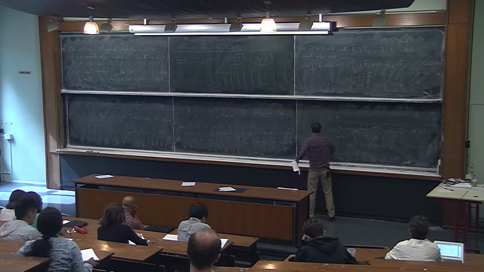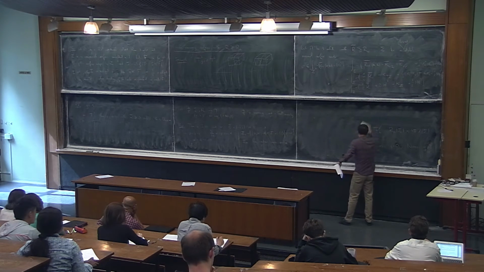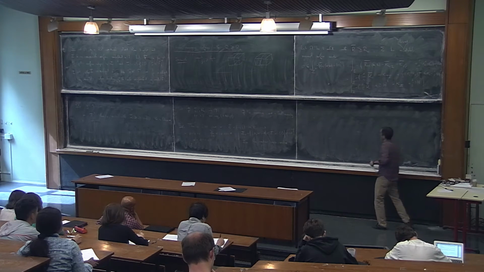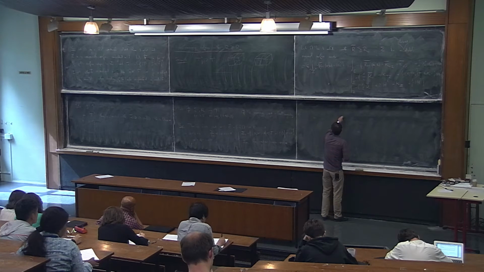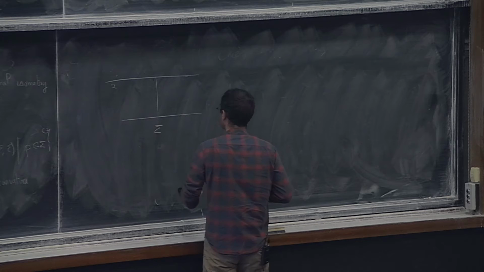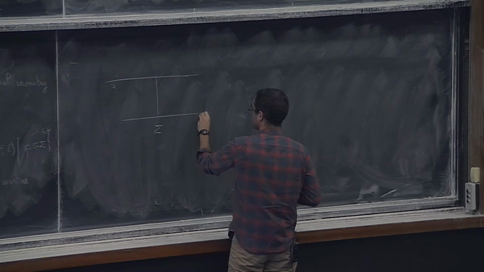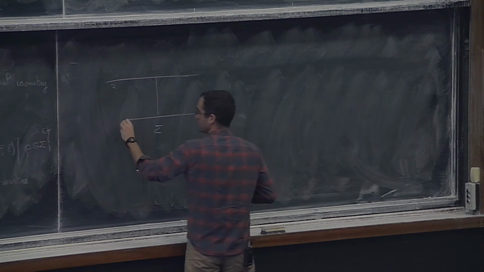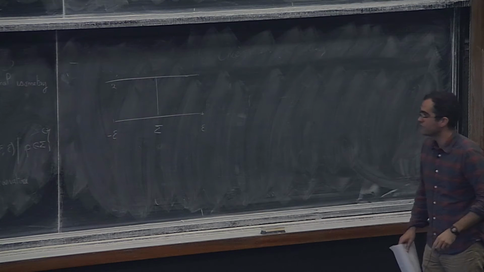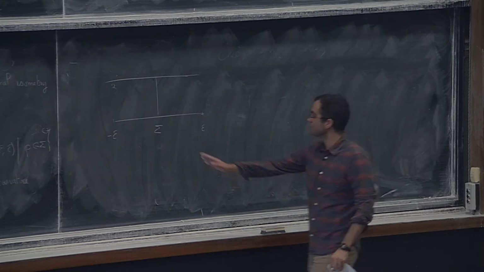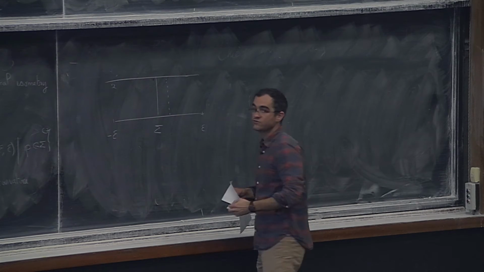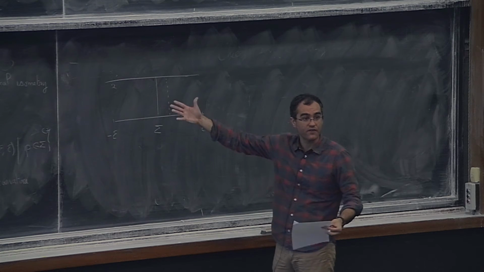So you have some sigma, and here you have, in some sense, epsilon, here minus epsilon. And what I said before, the basic idea is you look at the equidistant surface to sigma, and you try to compute the area of this and find something.